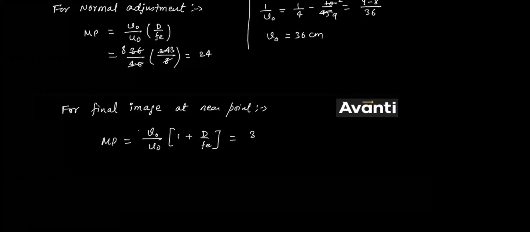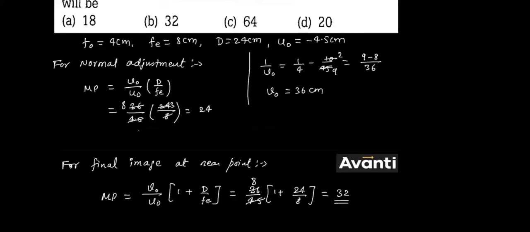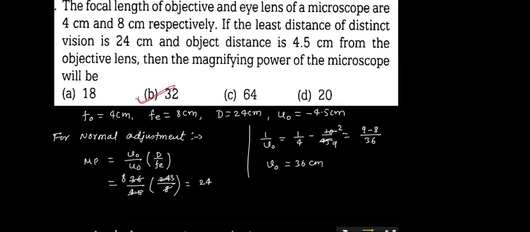I understand that part बच्चा, but उसका मीनिंग मैं exactly बताता हूँ. ठीक है? 1 plus 24 divided by 8. So what will be the answer? This is going to give us 4, and this is 8 into 4, so 32. So if I have to answer this, मुझे answer क्या मिलेगा बच्चा लोग? 32 is the correct answer using the other method.